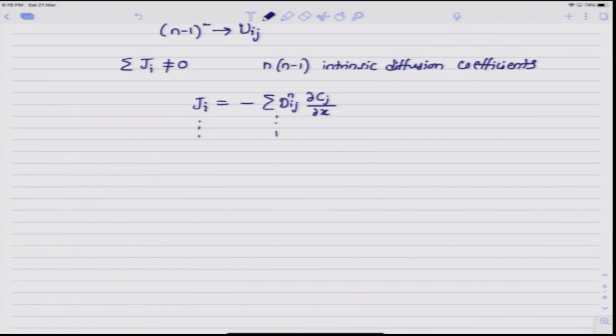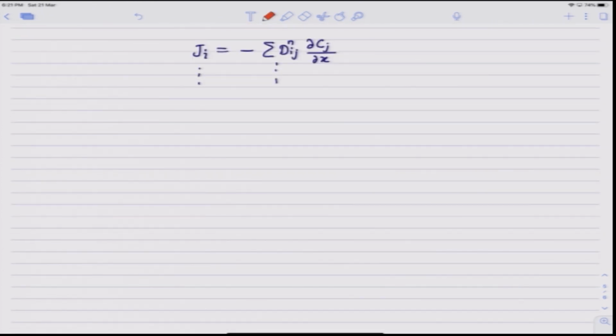How do we convert one from the other? So if we write interdiffusion flux in terms of intrinsic diffusion flux, let us say for component 1, we get J1 tilde equal to J1 plus C1 times Vk.